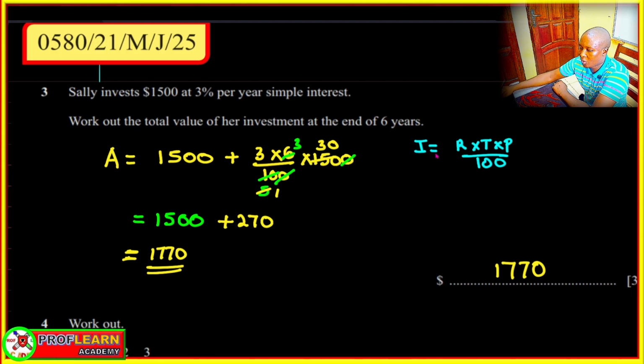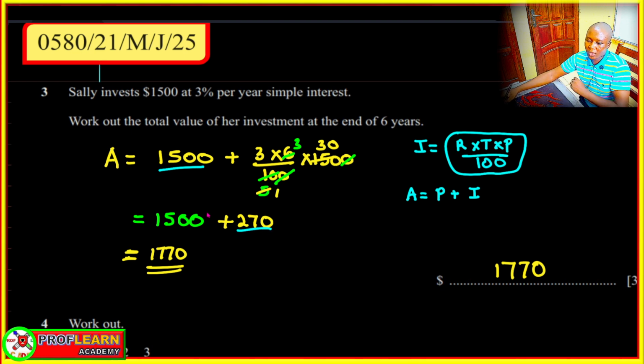So you can find interest by that, but the amount now will be the initial principal plus the interest that we have gotten here. So that is why you can see I said 1,500 times this here. I was calculating the interest, and then after getting the interest as 270, you can add it to the initial amount for you to get the answer for that particular part.